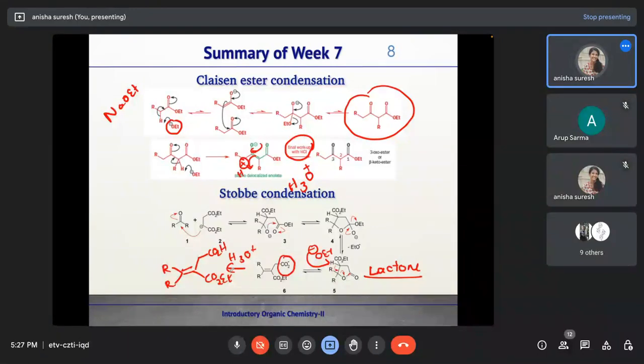So this reaction is known as the Stobbe condensation. It is a condensation reaction since there is removal of some moiety; here ethanol is removed, because of that it is known as condensation. So are these two reactions clear?